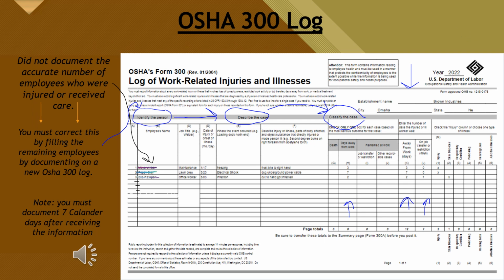What we are looking at now is the OSHA 300 log. This log documents all of your recordables and all the information needed when documenting a recordable.